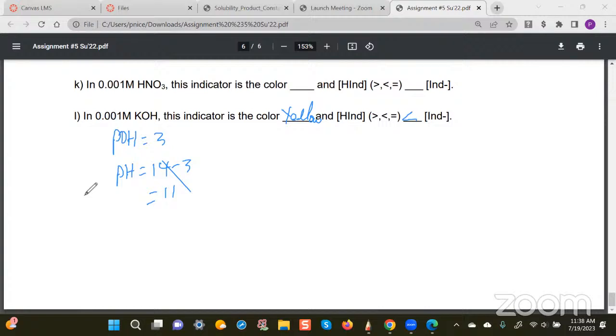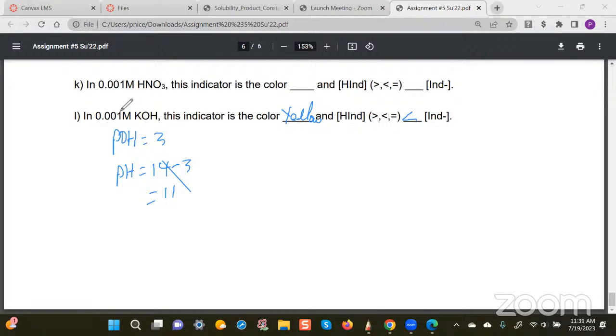And tomorrow's date would be the 20th. And let me just check one more thing. Okay, so now you should be able to upload assignment 5 into the appropriate Dropbox.